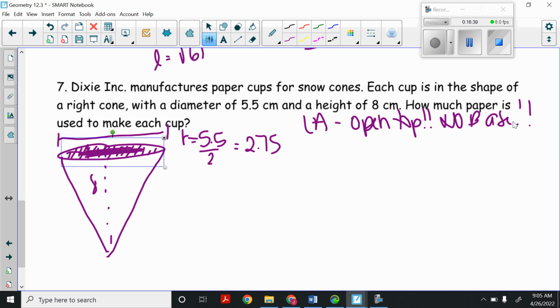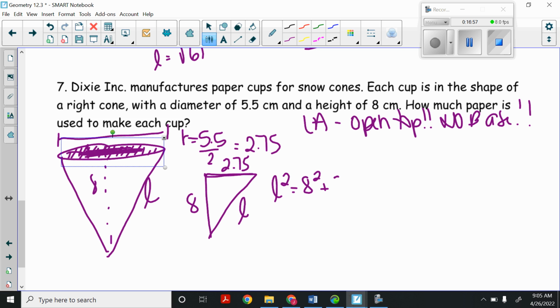To find lateral area, we need the slant height, right? And so I need this L. So this triangle that I have, this is my L, this is 8, this is my radius, 2.75. So L squared equals 8 squared plus 2.75 squared.